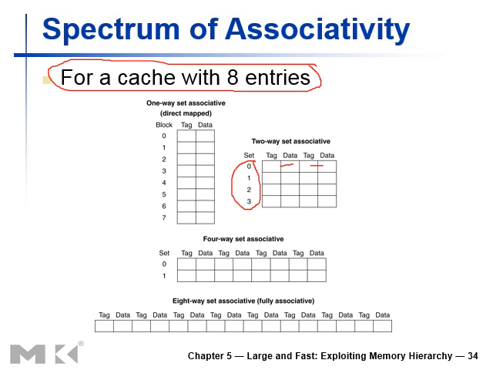For the four-way set associative, we can store 4 blocks in a set, so we get 2 sets for the same 8 entries. And for the 8-way set associative, it's just 8 consecutive locations in which we can store any block at any particular location.